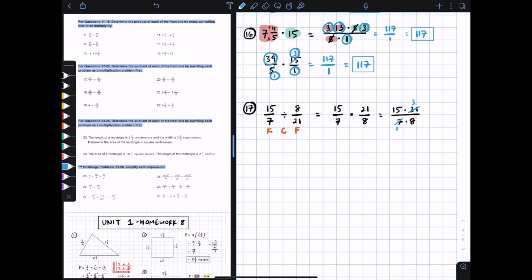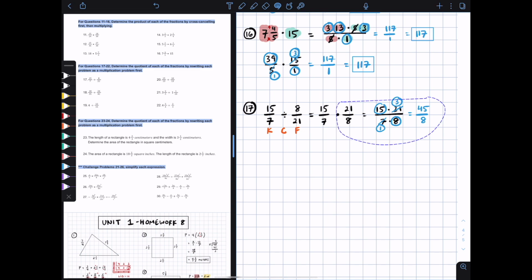So let's see, 15 times this 3 is going to be 45. And then on bottom, 1 times 8 is just going to equal 8. Okay, let me move this over so I can fit everything. 8 goes into 45. 6 times is too much. It's got to be a little less than 6. How about 5? 5 times 8 is 40. So it goes in 5 times with 5 left over.